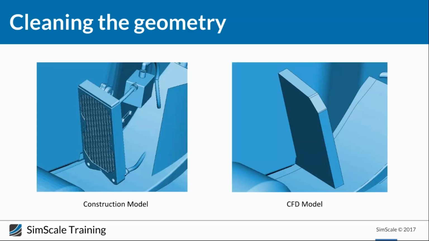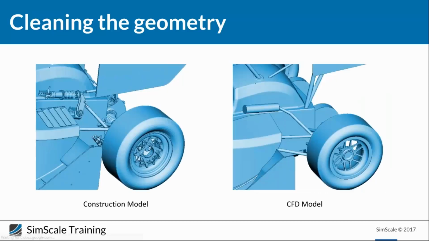So we have to model it with just simple geometry, and there is another approach, which I believe you have already discovered, which is the porous medium, instead of using the real geometry of a radiator. So it's a simplification.